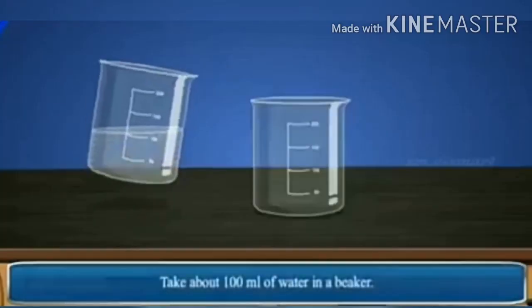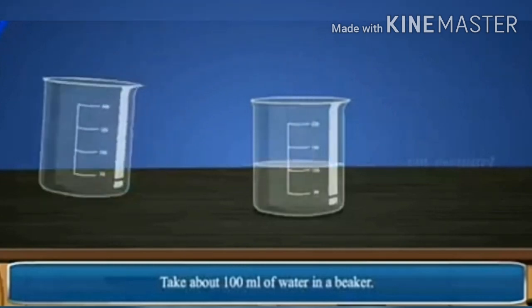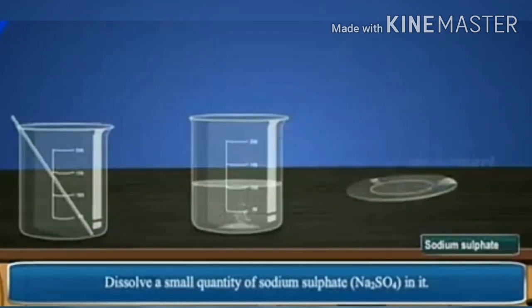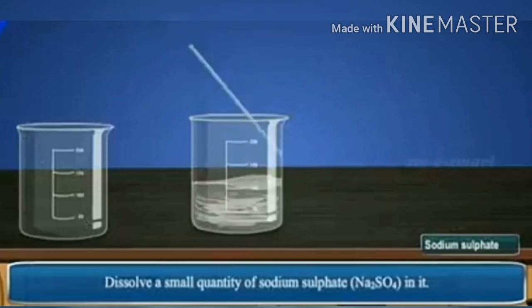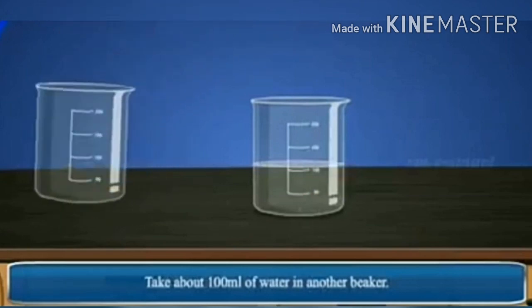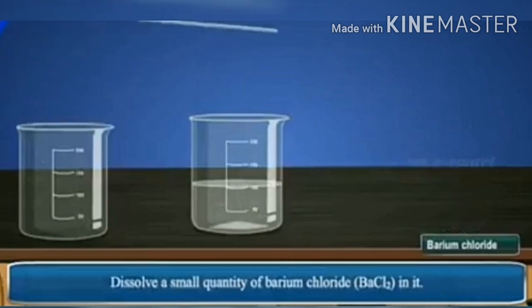One more activity. Take about 100 ml of water in a beaker. Dissolve a small quantity of sodium sulfate, that is Na2SO4, in it. Take about 100 ml of water in another beaker. Dissolve a small quantity of barium chloride, that is BaCl2, in it.